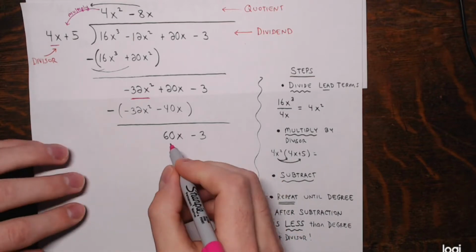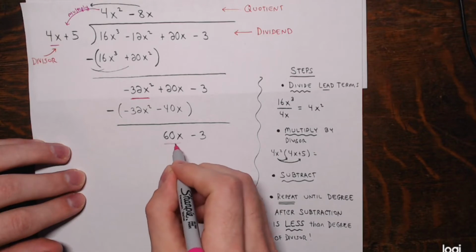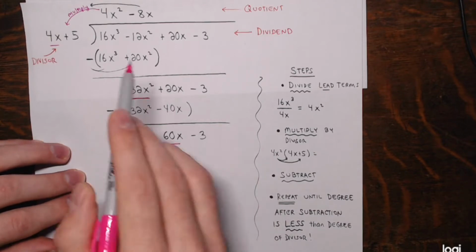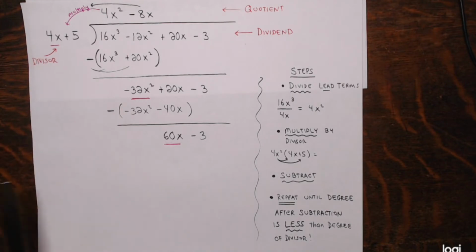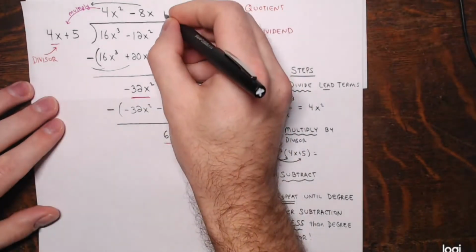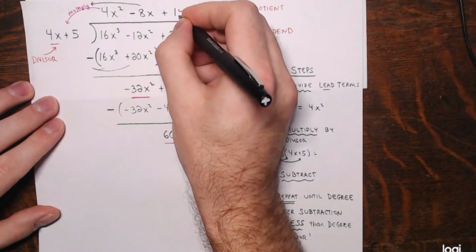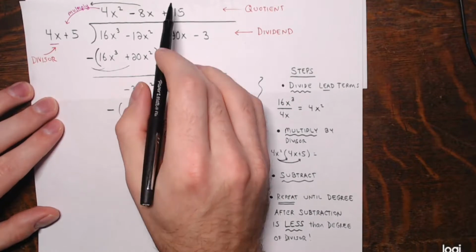The division step. The lead term here is 60x divided by the lead term of the divisor, 4x. 60x divided by 4x would be positive 15. So that's the next term I write in the quotient. And then we do the multiplication step.